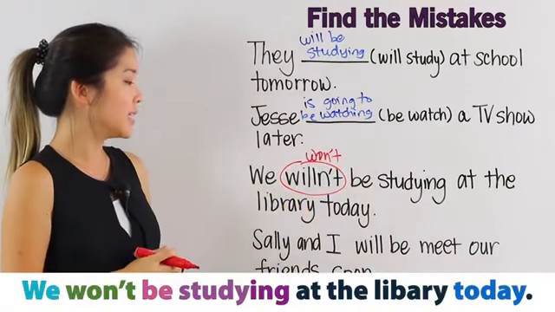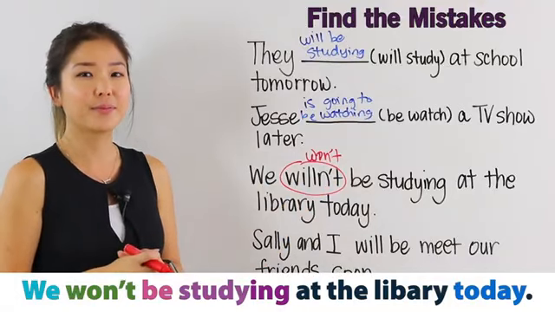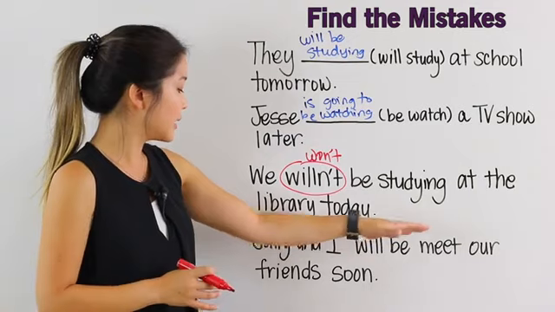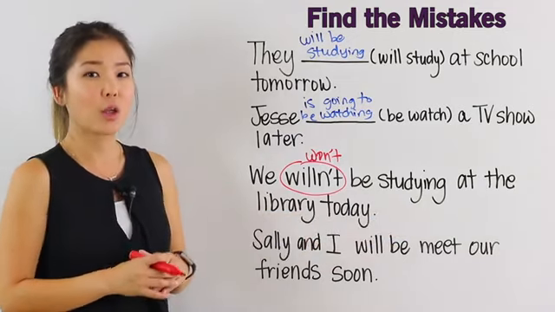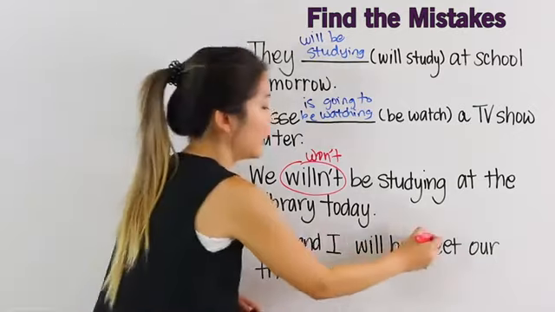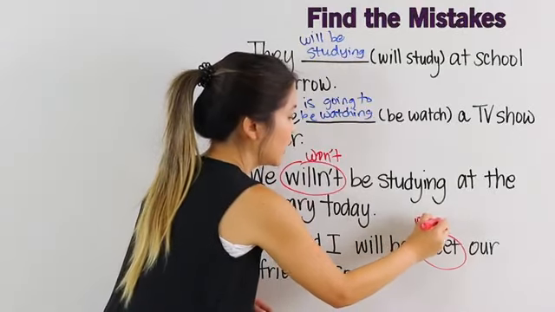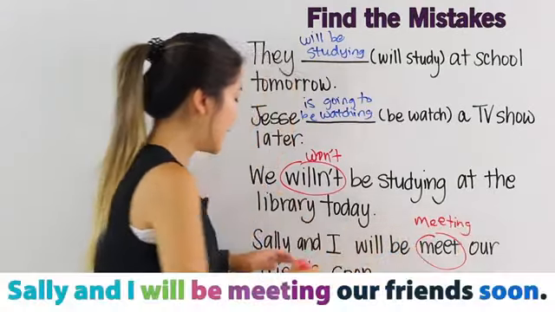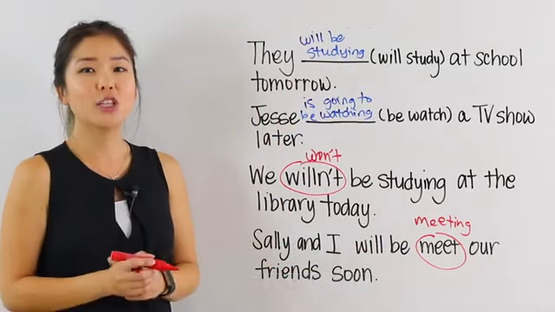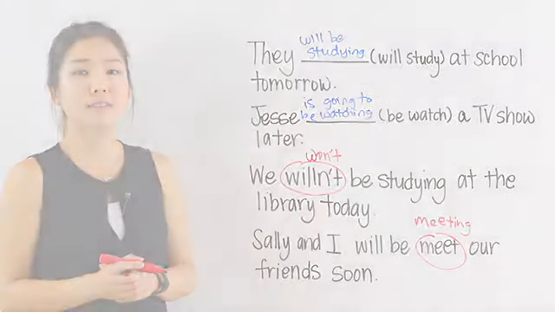We won't be studying at the library today. And finally, Sally and I will be meet our friends soon. Remember, we need will be and then verb ing. So the correct answer is Sally and I will be meeting our friends soon. Good job, everyone. Let's move on.